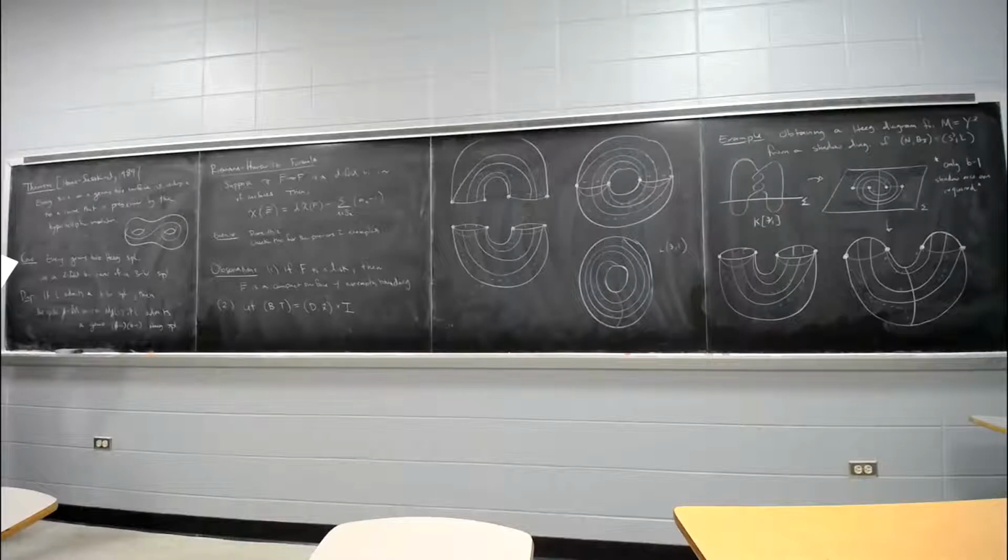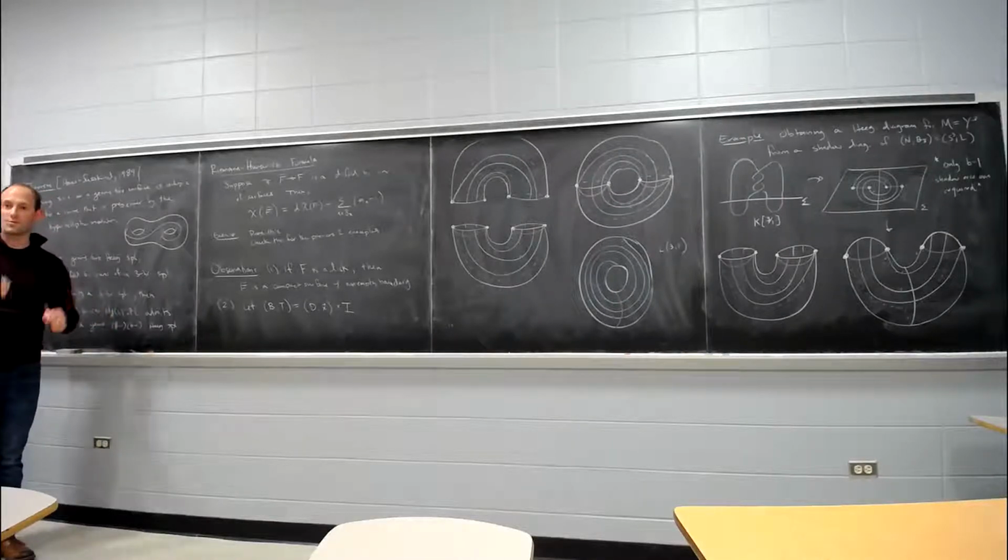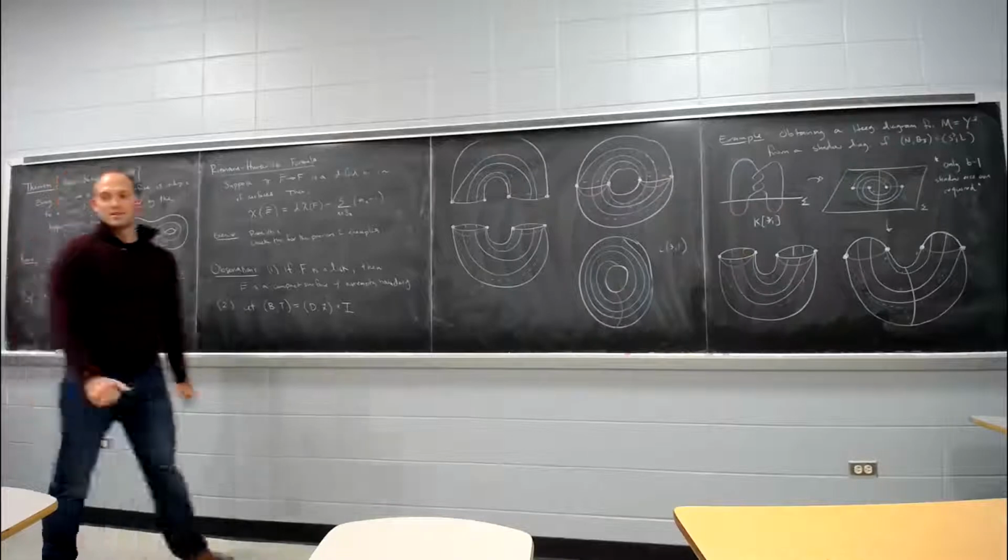What I had left was a bunch of facts about branched coverings of knots, which is such a cool part of three-manifold topology. But I think we'll have to table it for now. So that's actually pretty good. I'm pretty happy. Next time we can talk about Dehn surgery, and then next week we'll do four-manifolds. Any questions?